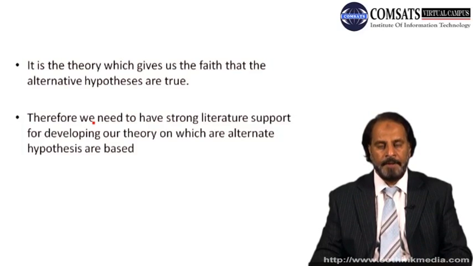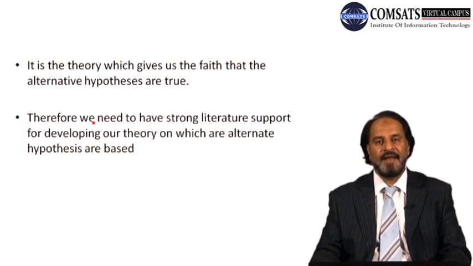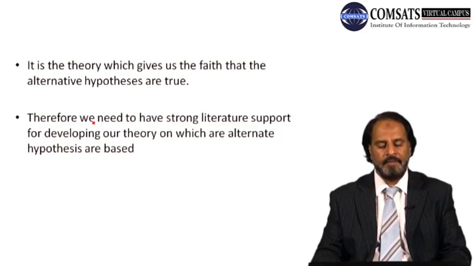Once we are able to reject the null hypothesis, we can say that the alternate is true, not just because the null is rejected, but also because we have support from the literature as well. So by negating the null hypothesis, we are saying the alternate is true, and again there is support for that in the literature as well. So this is how we go about proving our alternate hypothesis.